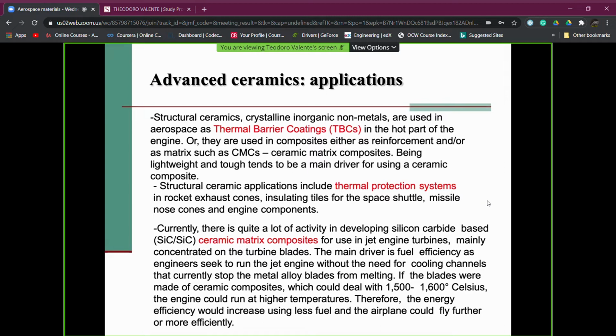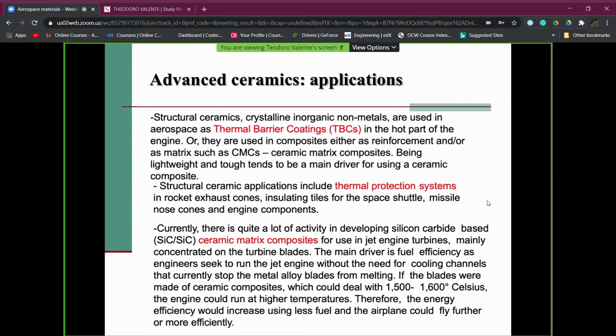And when we move conceptually through the class of ceramic materials, we are thinking about materials with a formulation which could work at temperatures as high as 1500, 1600 Celsius, which is 500 or 600 higher than the working temperature of standard nickel-based superalloys.